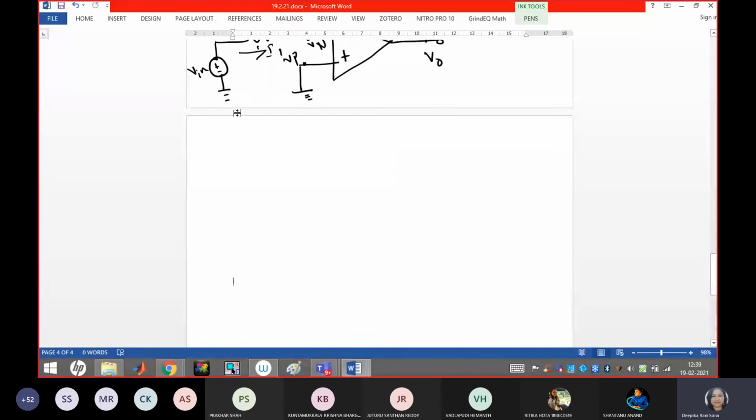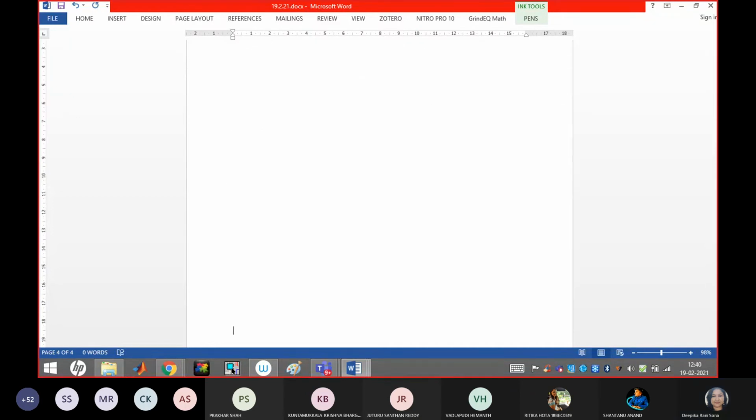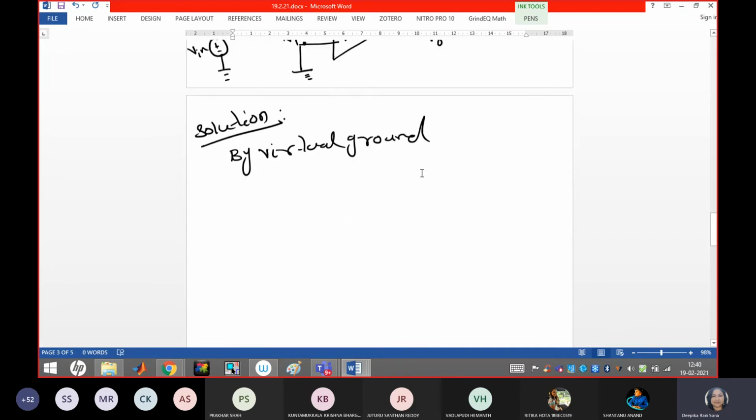Okay, guys, just have a look. So by virtual ground solution, Vp equal to Vn equal to 0 volt, right?